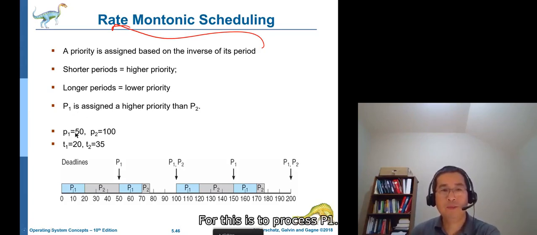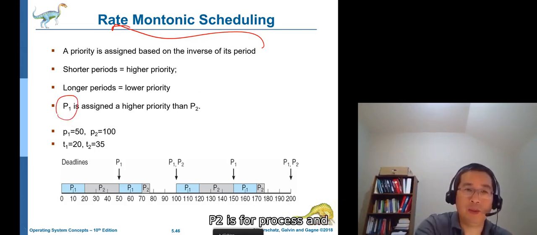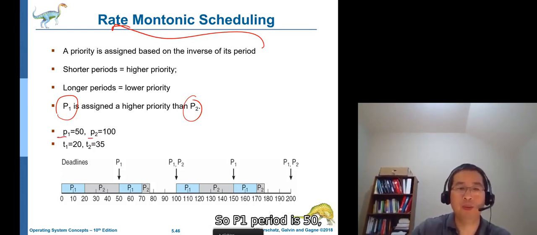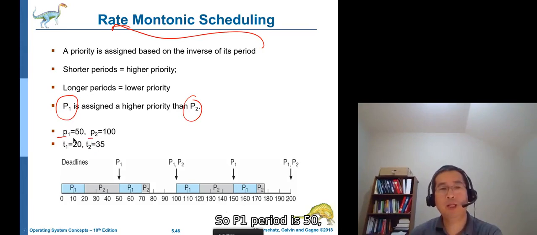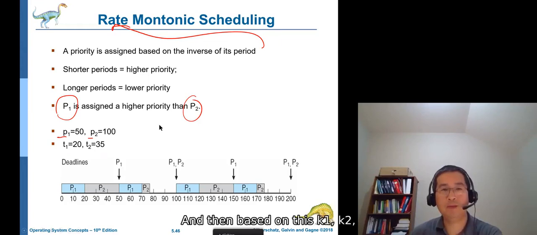For these two processes, this is P1, I want to differentiate. The capital P1, P2 is for the process, and the lowercase p1 is for the period. So the P1 period is 50, the P2 period is 100, and T1 is the running time of 20, T2 running time is 35.